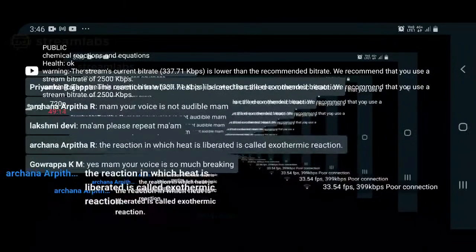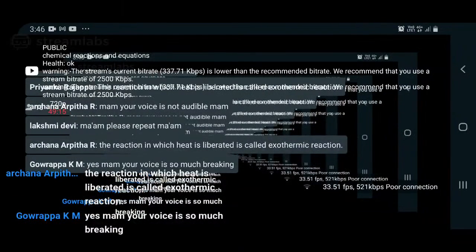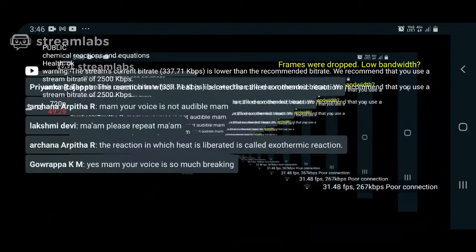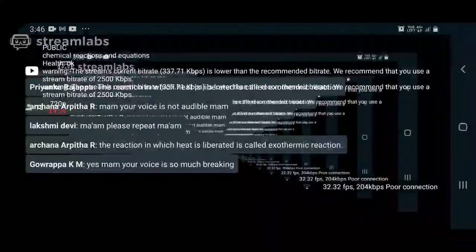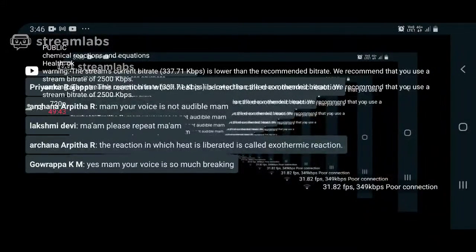Whichever example where you find release of heat is called exothermic. Yes, Arpita, correct answer. The reaction in which heat is evolved, liberated or released is called an exothermic reaction. Very good. So all of you should know this one-line definition along with one example.